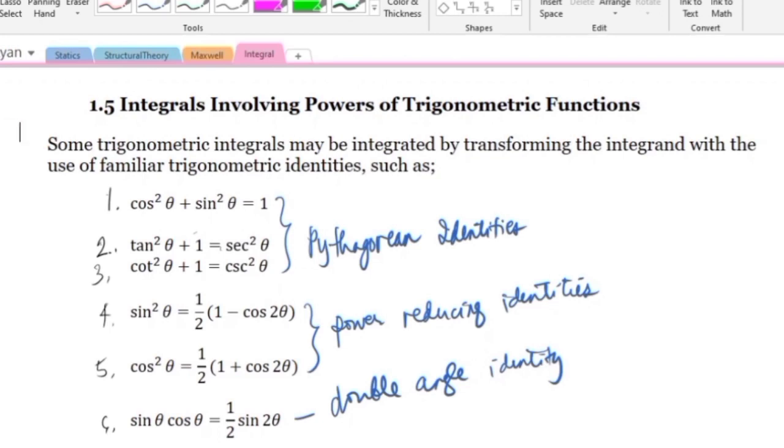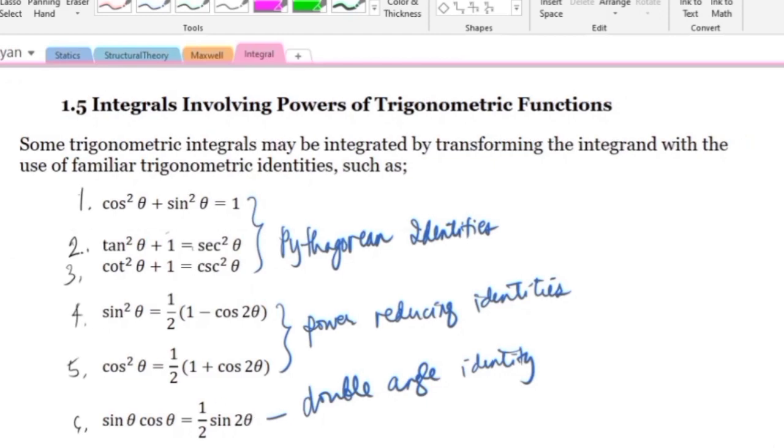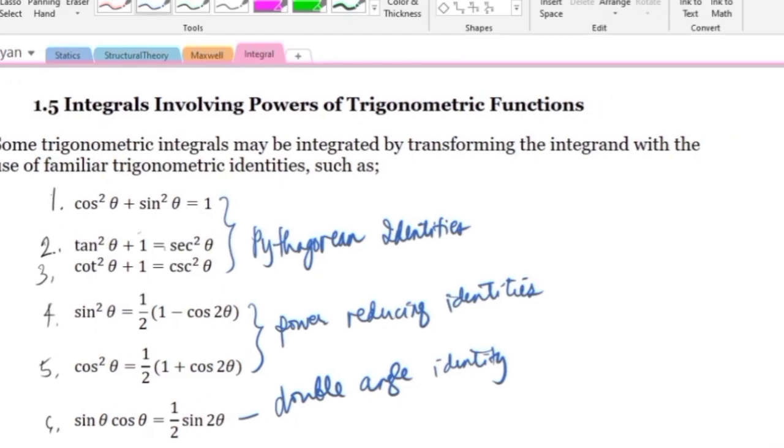So, in order for us to get formula 2 and 3 or identity 2 and 3, yung gagawin lang natin, we have to divide the formula number 1 with cosine squared theta or sine squared theta. So kung i-review natin, from our formula number 1, we have here cosine squared theta plus sine squared theta is equal to 1.